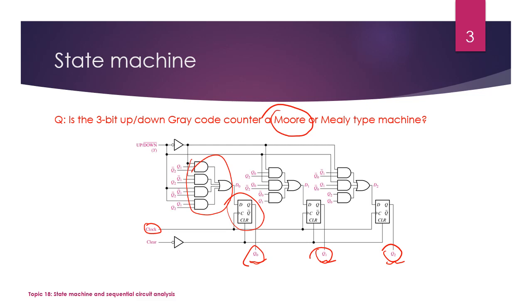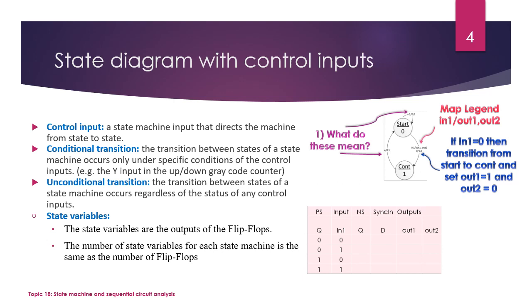In order to understand the state machine, we will still use the state diagram. But this time we will add some control input to the state diagram. First, some terms.